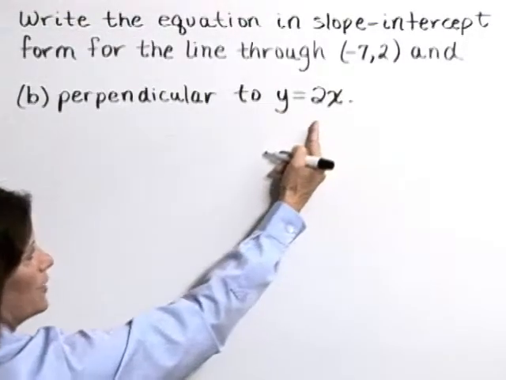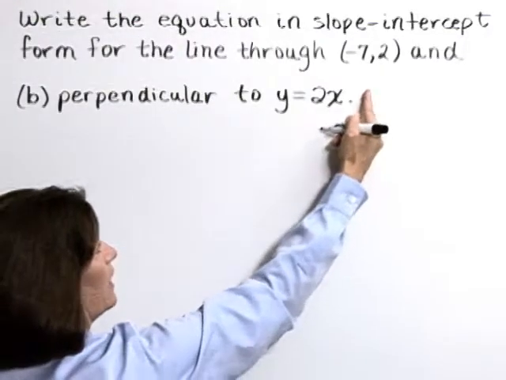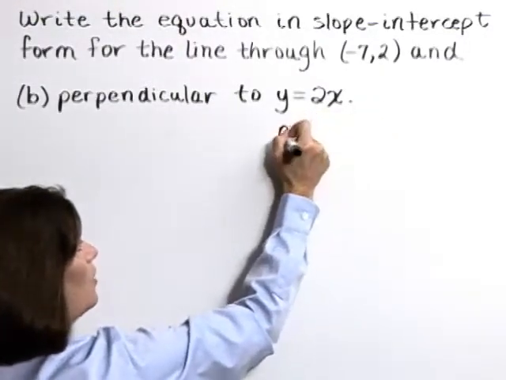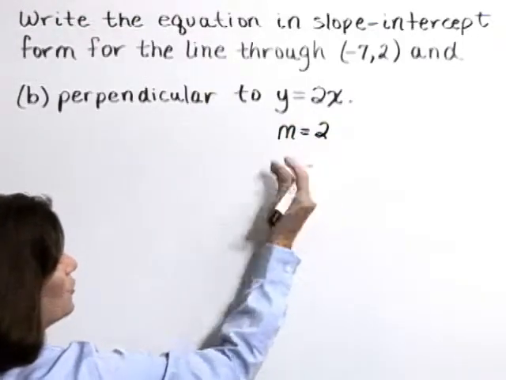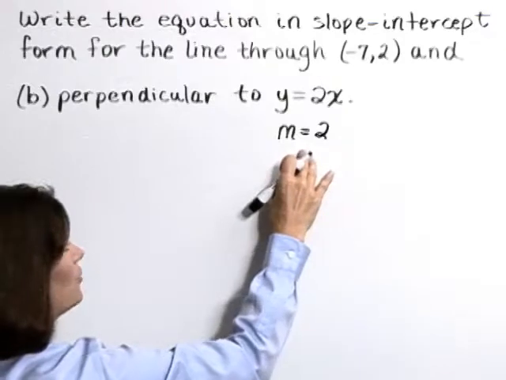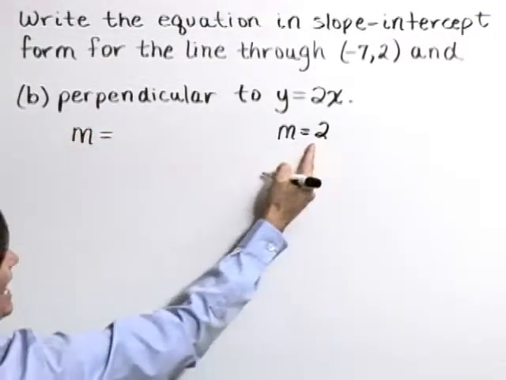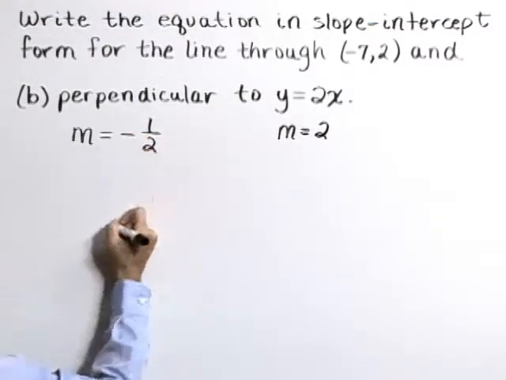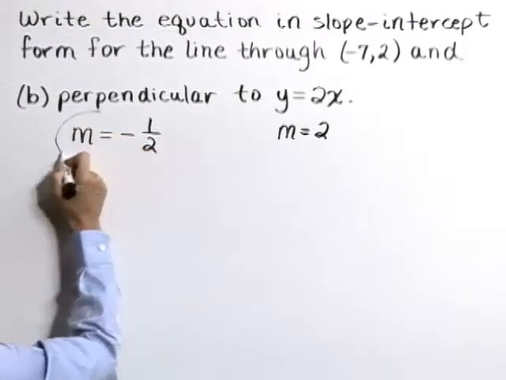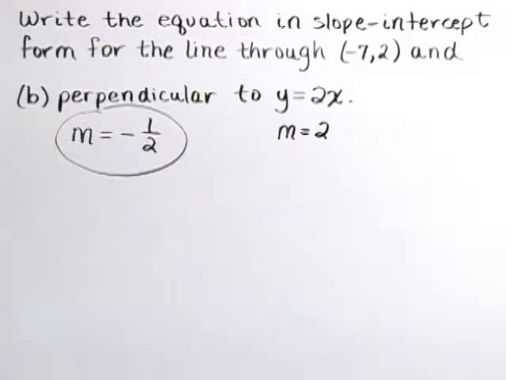Y equal 2x is written in slope-intercept form where the intercept is 0. The slope is our coefficient of x. It is 2. So the slope of a line perpendicular to this one is going to be the negative reciprocal of 2. That's a negative 1/2. So the slope of our line that we wish to write the equation for is negative 1/2.